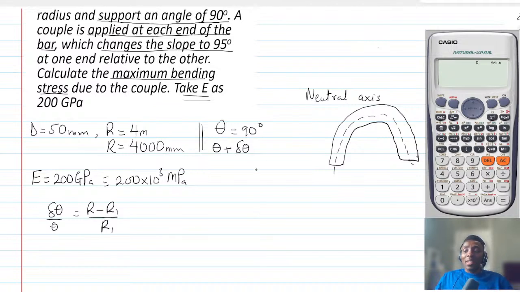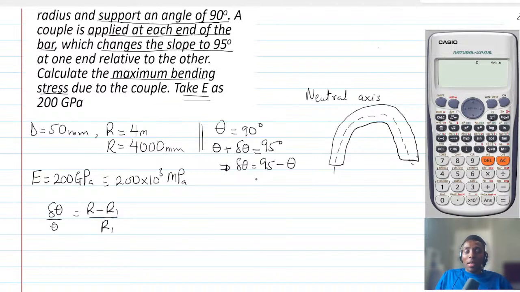Now please pay attention to this. When we say that the angle has changed from 90 to 95, all we are trying to say is that the 95 here is the original plus the small change. So if we want the small change, it will be the new angle, which is 95, minus the original.